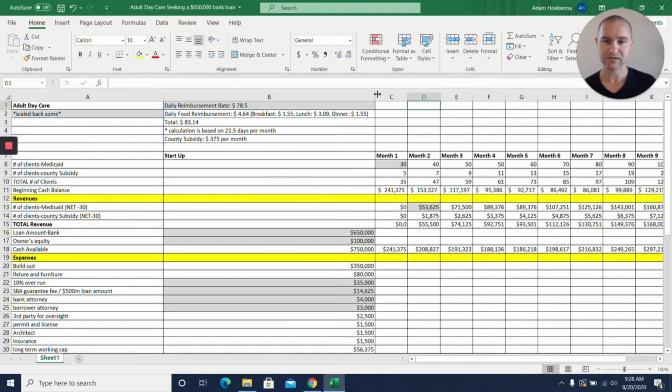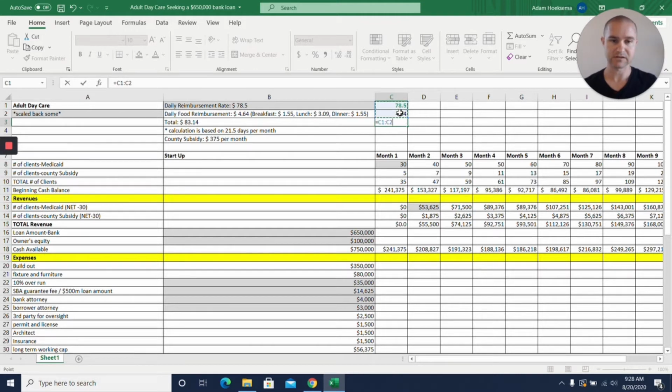So if I spread this out, for example, just to show you, what I would do is put 78.50, 4.64, and then they added these up.